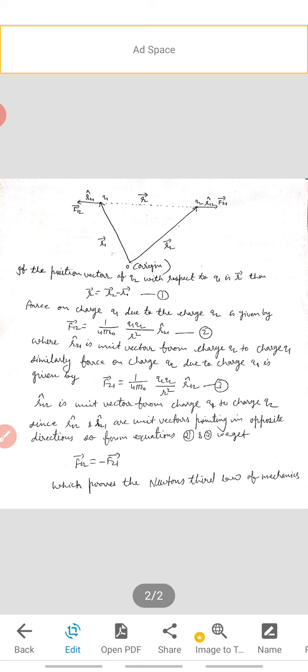And again here R12 cap is a unit vector from charge Q1 to charge Q2, and it is clear in the diagram also that unit vectors R12 cap and R21 cap are unit vectors pointing in opposite directions.